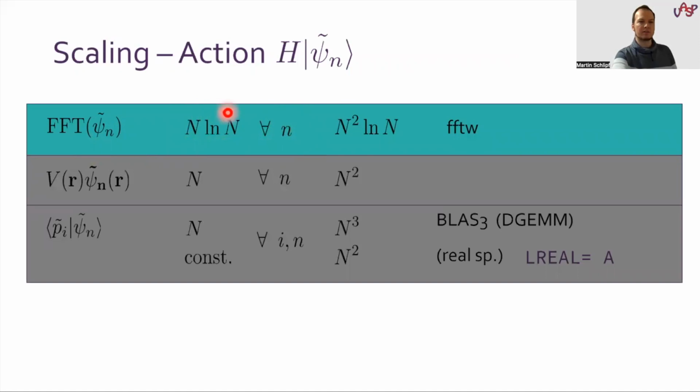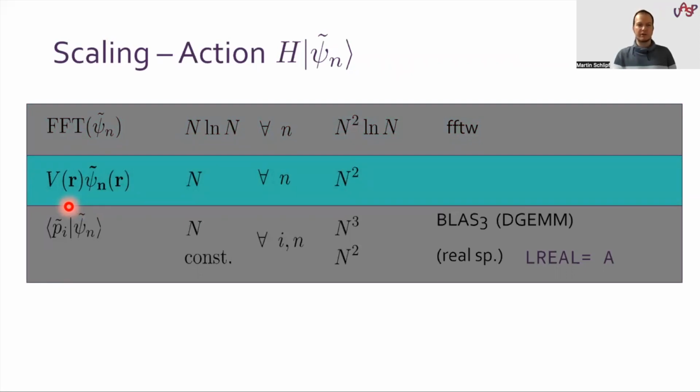So the grid increases as you increase the system, and the number of these orbitals increases as you increase the system. So overall, the plane wave code scales like n squared, and then this log n factor is not so important. And then the next step is applying this potential in real space.